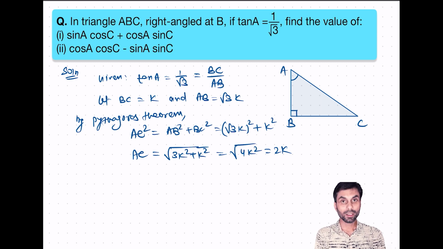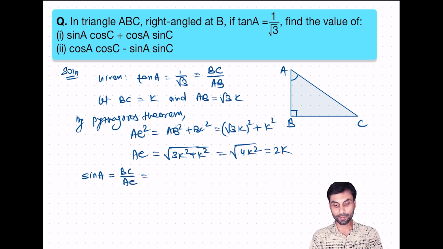Now, first we'll list down the values of these trigonometric ratios. So, sine of angle A is opposite upon hypotenuse. Here the value of AB is root 3K, BC is K, and AC is 2K. Substituting the values, we'll get K upon 2K, which will be 1 by 2.